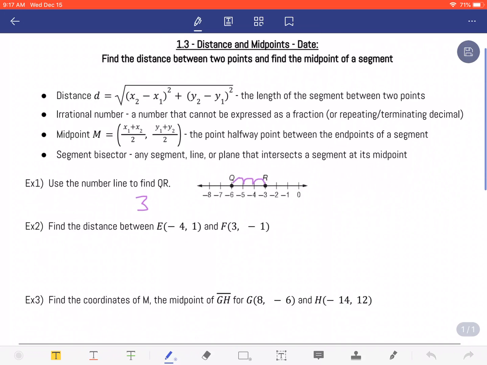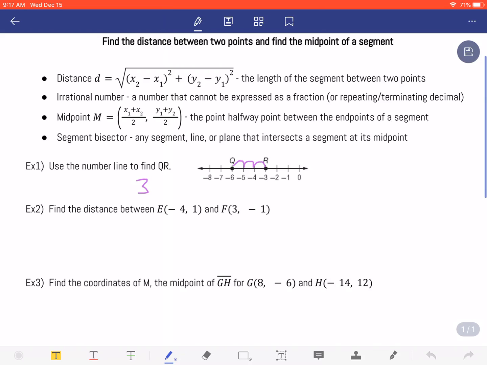Then we go to example 2, we're looking at something that's on the coordinate plane. So a really rough sketch of this, you'd have -4, oops, I put that in the wrong spot, that'd be -4, -1. -4, +1 could be like right here, and 3, -1 we'd say is right here. We want to find the length in between those. So we're going to use this distance formula up at the top.